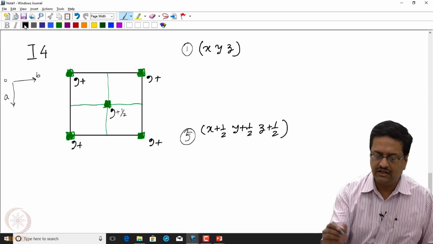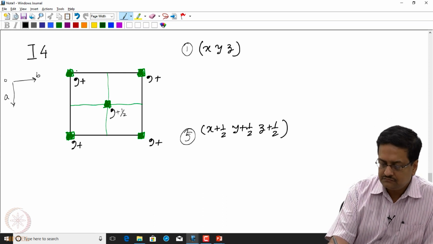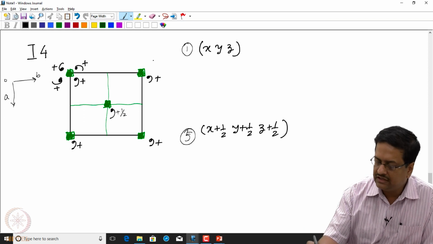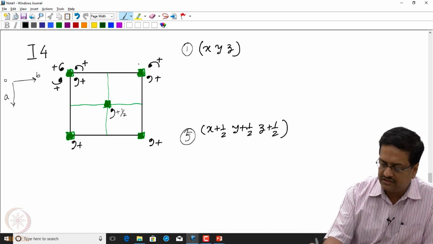So, now if we apply these symmetries, you would get these points. By doing a 90-degree rotation, you are getting these points.